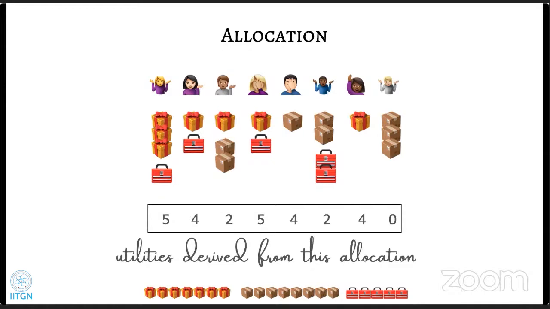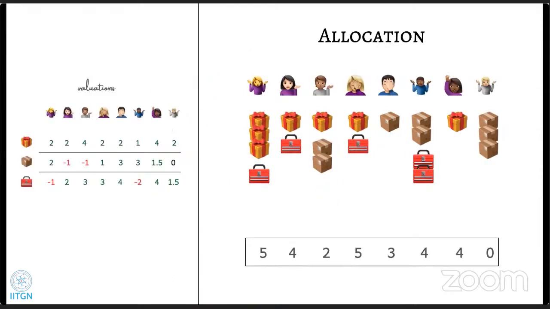I may have gotten my additions wrong, but let's just say this is the sort of thing that happens for this example. In fact, let me bring back the valuation matrix. Maybe some of you can verify if this was correctly done. But also I want to pause at this point to ask, what's something that bothers you about this allocation? Is there something that you think is not quite right about it?